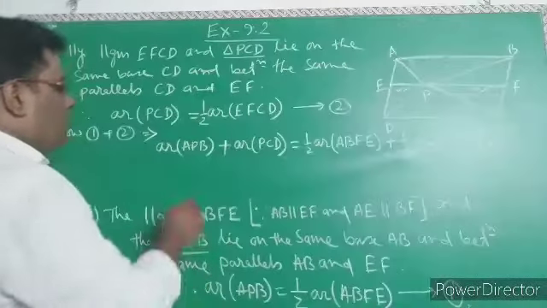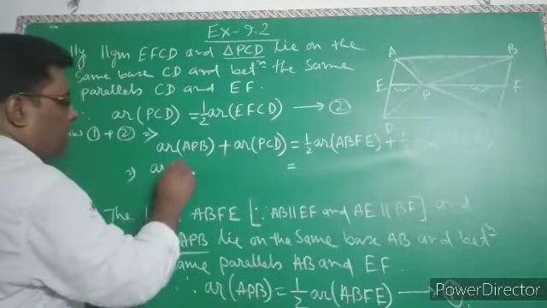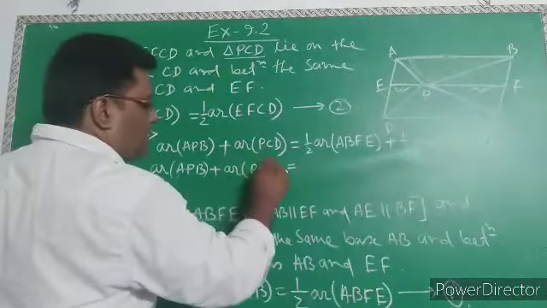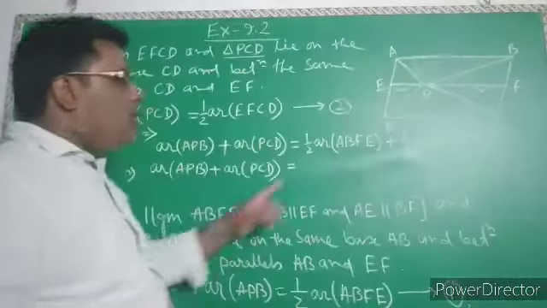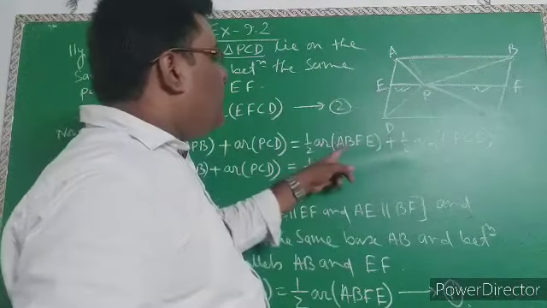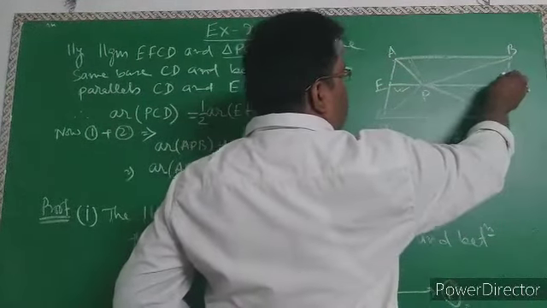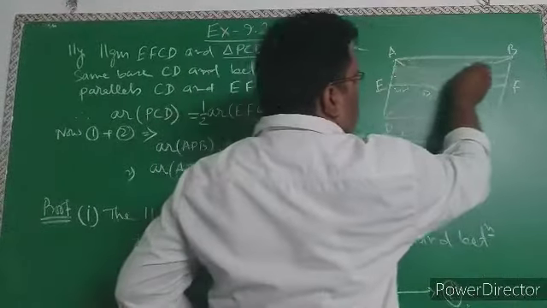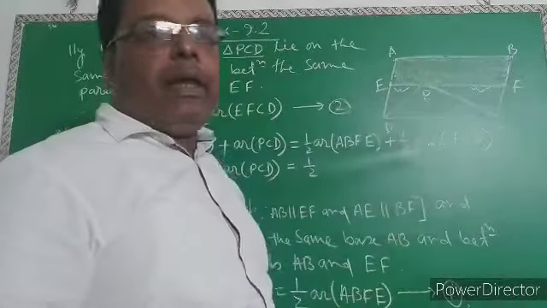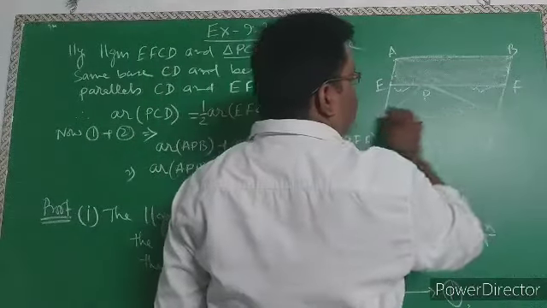So left hand side is the same. It is area of APB plus area of PCD is equal to, so half and half we can take common half. ABFE is this parallelogram plus EFCD, this parallelogram.